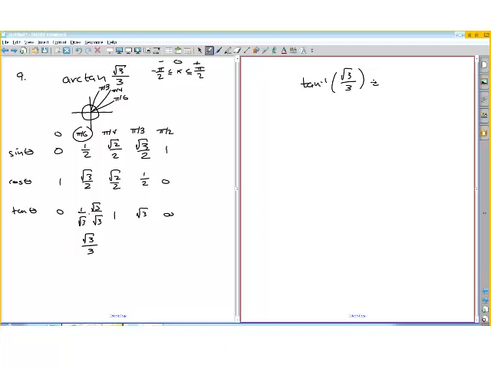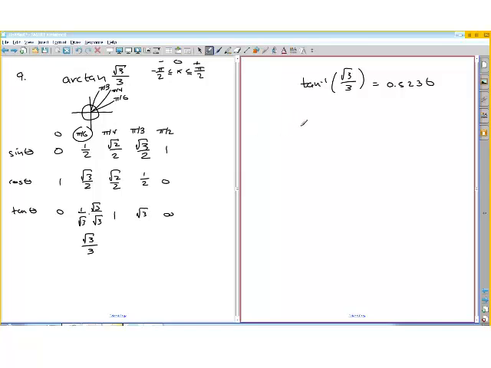Let me check the mode, radians, yeah. So we do the inverse tangent, square root of 3 divided by 3, right parenthesis. What we get from the calculator is 0.5236.